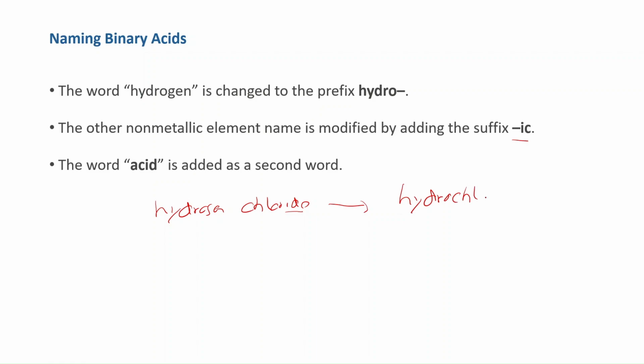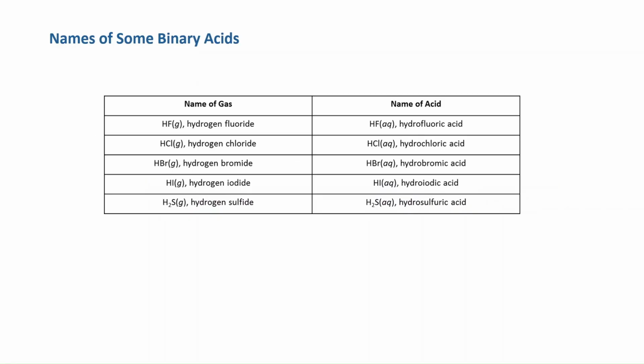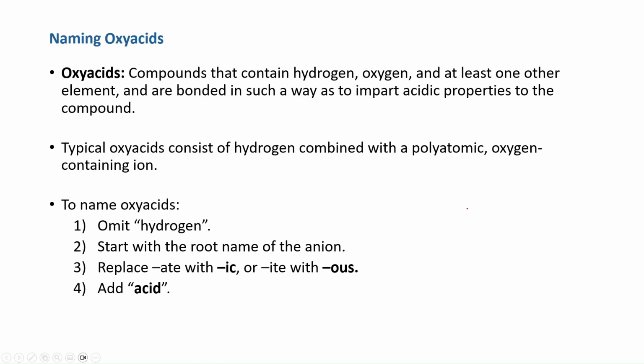So hydrochloric, and then we add acid because that's what it is. Okay? Very easy. Again, these are binary acids. You only have hydrogen and another element. And you have some examples in there giving you the pure compound versus the aqueous solution that's an acid.